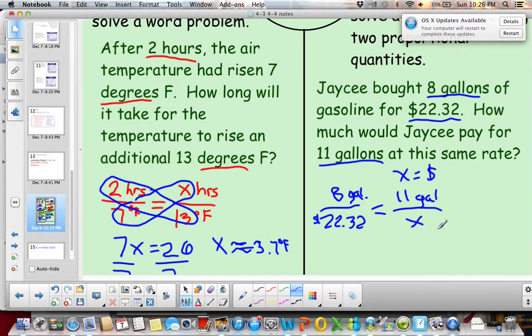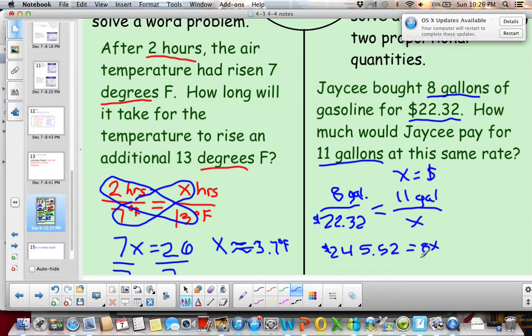So I have $22.32 times 11, which I'm going to put into my calculator, and that equals 245.52. Equals 8x.